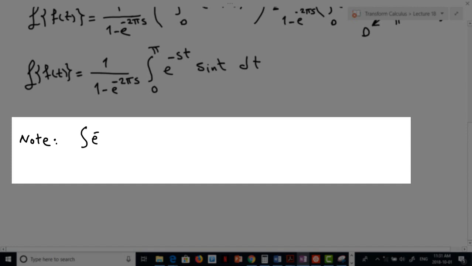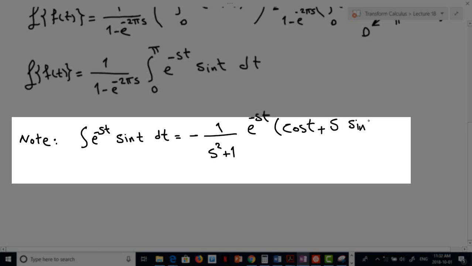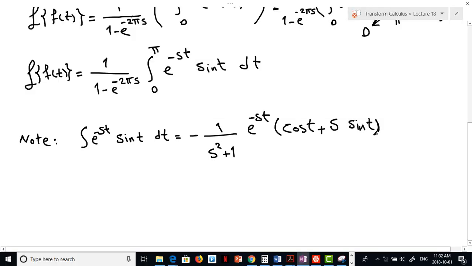The integral of e to the power of minus st sine t dt is equal to minus 1 over s squared plus 1, e to the power of minus st, times cosine t plus s times sine t. So we just use this integral to find the Laplace transform of the function.